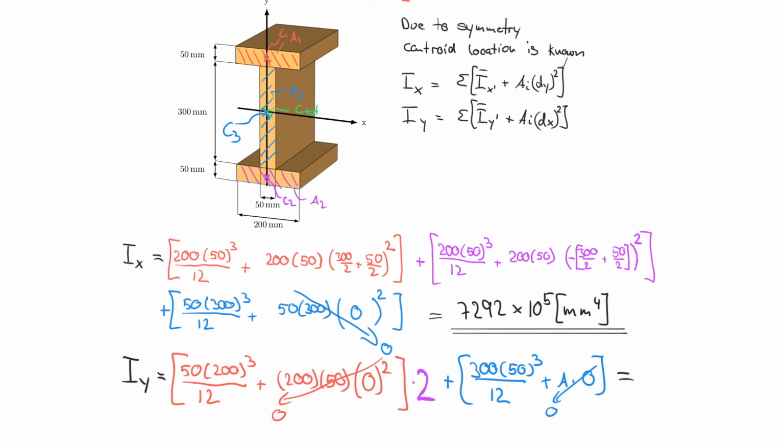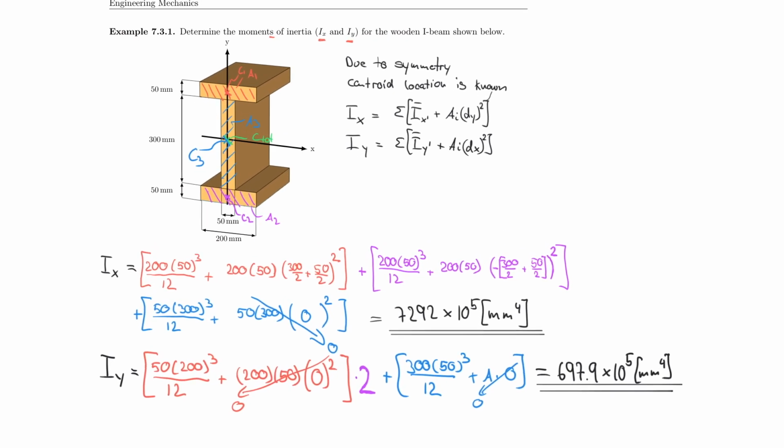In fact, you're actually looking at 697.9 times 10 to the 5 millimeter to the power of 4. And now I solved the entire problem. Of course, I have to double underline my results here, and I am done solving that.